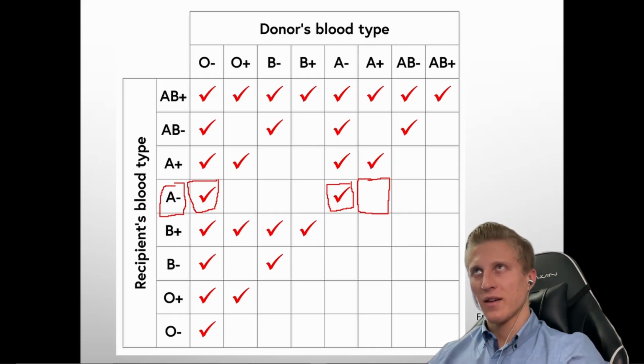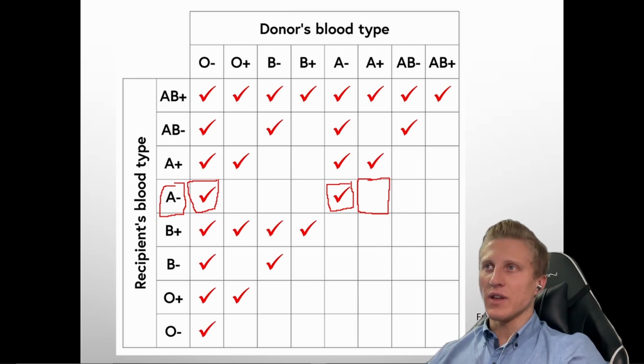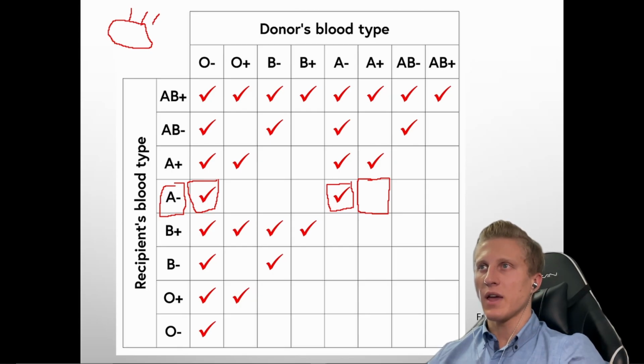Now, why can we, as an A negative individual, not receive A positive type blood? Well, if we draw our red blood cell right here, if this is our A negative blood, what we have on our surface is A antigens. Since we're negative, that means we don't have RH antigens on our surface.